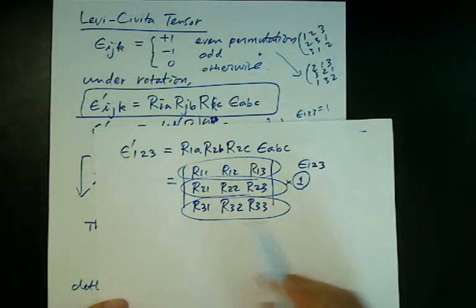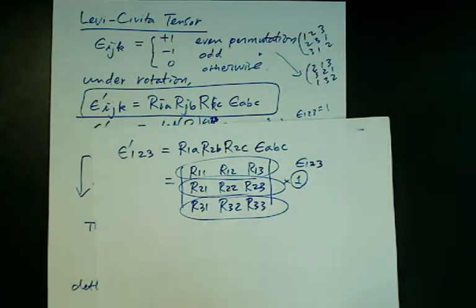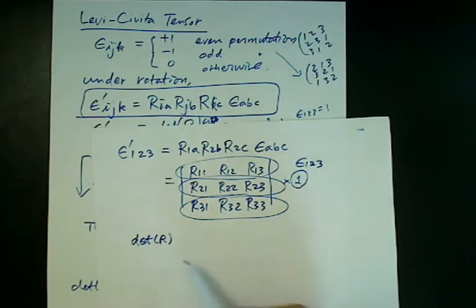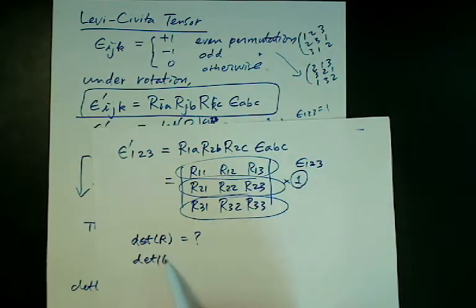So we are interested in the value of the determinant of R. And we have the determinant of R transpose. This should be the same as the determinant of R. The determinant of identity is 1.